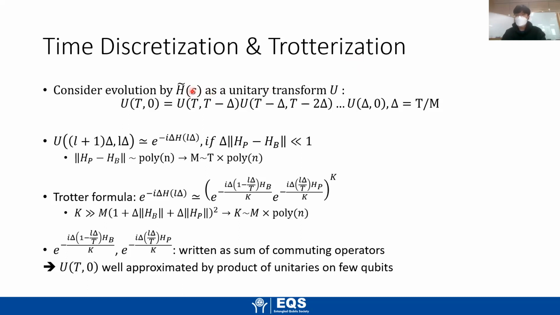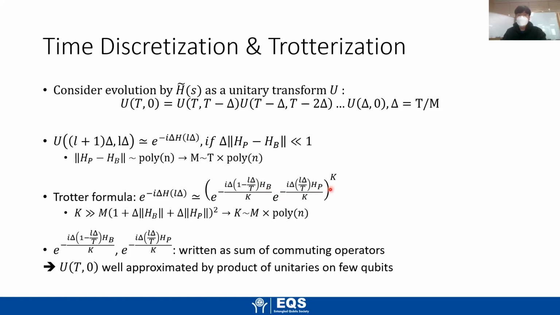So actually, the time evolution of a quantum state can be written with a unitary transform. If we have some transform from time 0 to large T, then we can discretize the time by this delta. Then we can write each of these discretized unitaries as follows if some condition is satisfied. And then we can use something called trotterization to write it in terms of multiples of HB and HP.